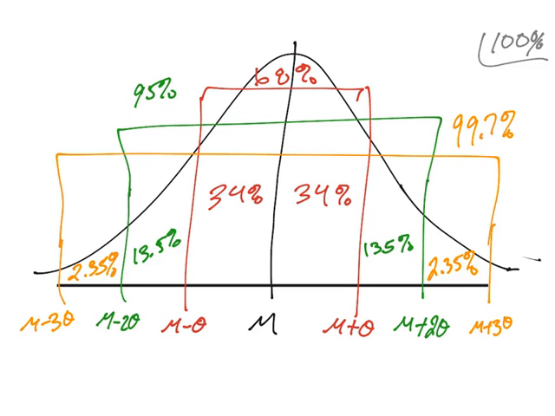That means we have 0.3% not spoken for, which we call the wings. So we have 0.15% in the left wing and 0.15% in the right wing. And this is the idea of the empirical rule, that if we're talking about data that lies on one of these 7 pieces, we can approximate the probability.